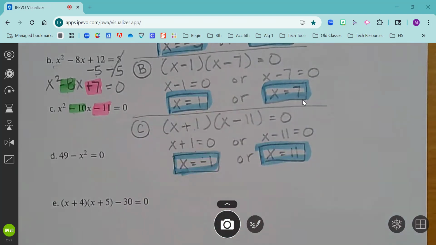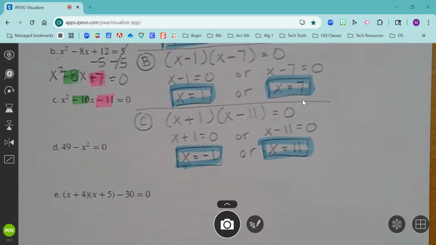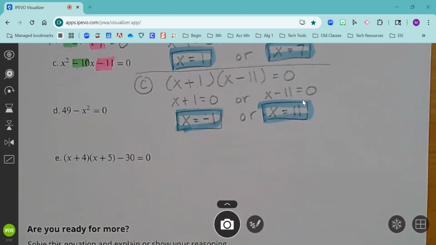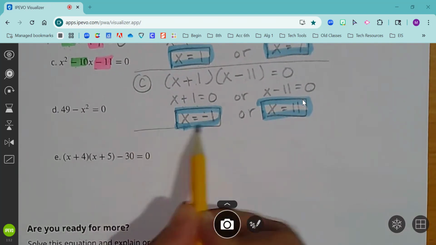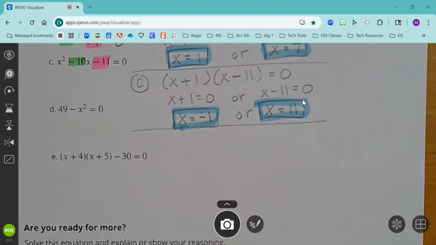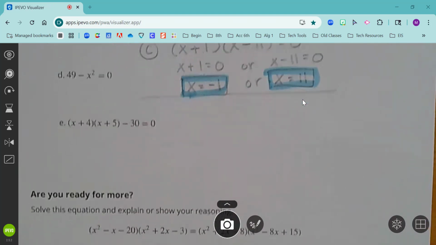Okay, so those are my solutions. You'll also notice that a lot of these equations right now have two solutions. We'll talk about other types of solutions in a bit. You may have heard it already, but we're going to talk more about it.